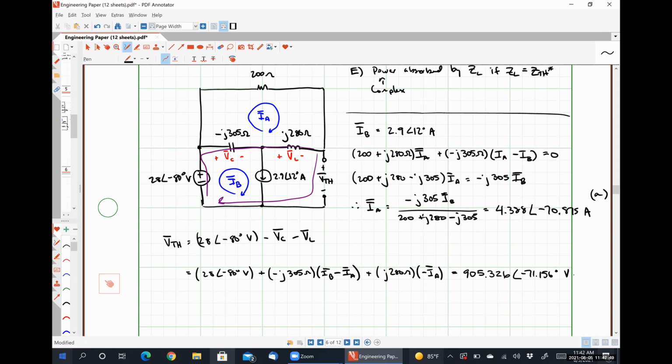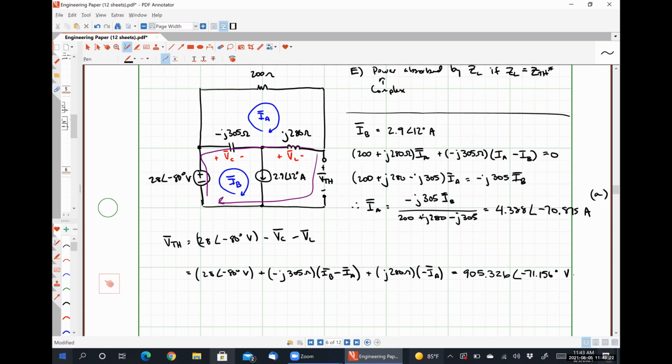Okay, so I shouldn't be adding VC and VL from 28 angle negative 80. I should be subtracting because of the polarities of the voltage, right? Right. So if I do KVL, I would have 28 angle negative 80 degrees equal to VC plus VL plus VTH.